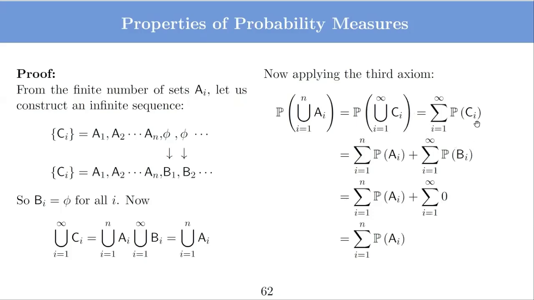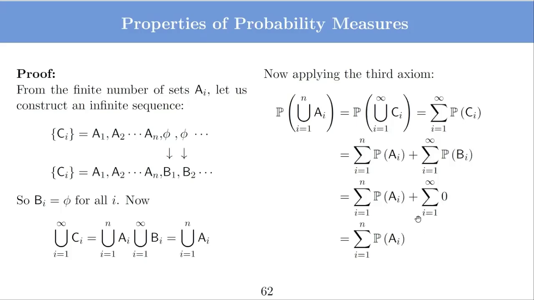Now you can break this into two parts. Again, the Ci's are, as we know, Ai from 1 to n, and after that they are Bi. So this summation can be written as the summation of P of Ai where i is 1 to n, plus the summation from i equals n plus 1 to infinity of P of Bi. Okay, now if you look at P of Bi, it should be 0 because Bi is an empty set. So this is a summation over all zeros.